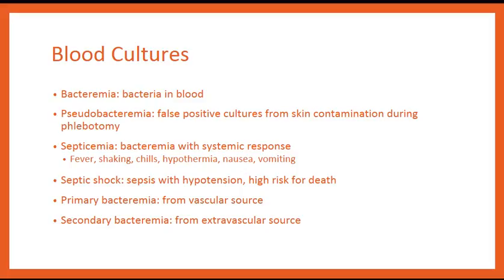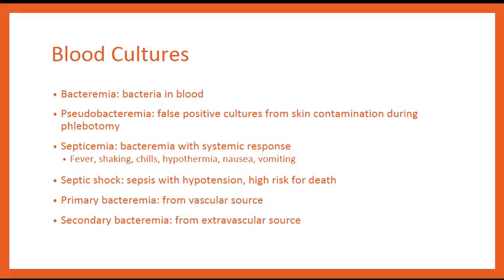Primary bacteremia is from a vascular source. This is like a heart valve or a catheter, and if the catheter or the heart valve becomes contaminated, the bacteria is being put right into the blood vessel.